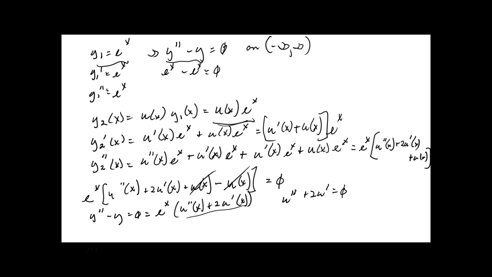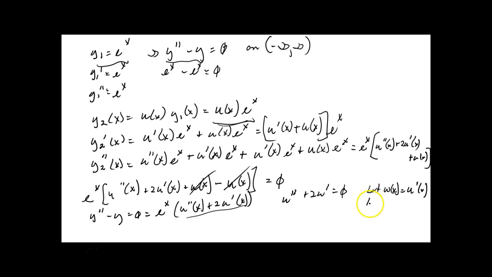Now, here's where the magic comes into play. We come up with another function, w. Let w, and this is a function of x too, though I said I would quit putting it, but I just want to remind you it is, equal u prime of x. Then w prime of x is equal to u double prime of x.